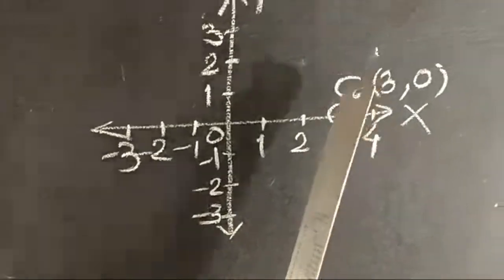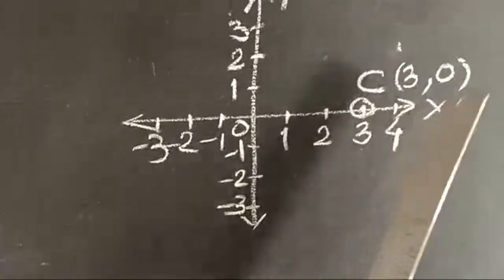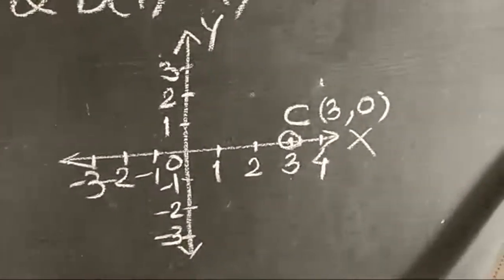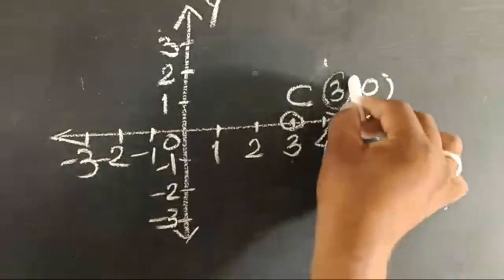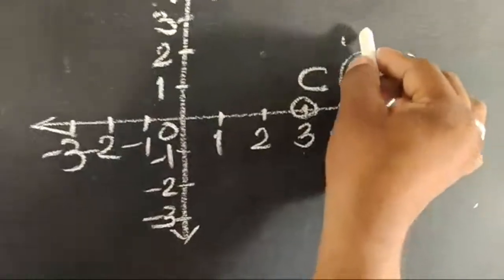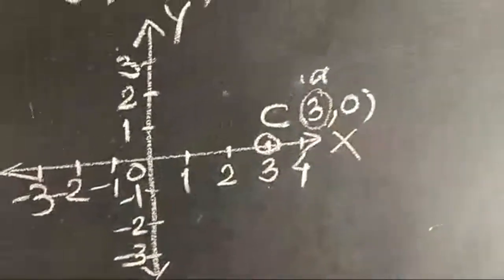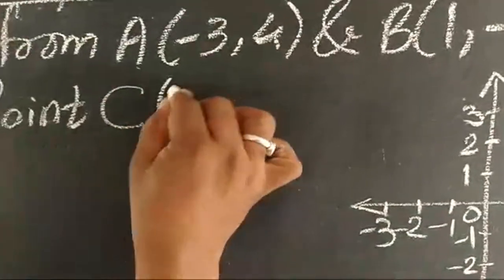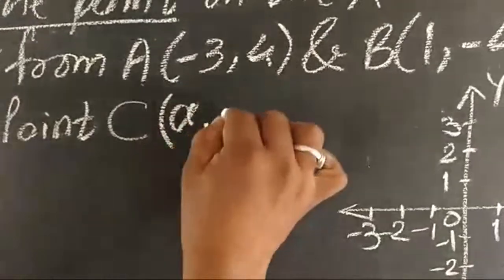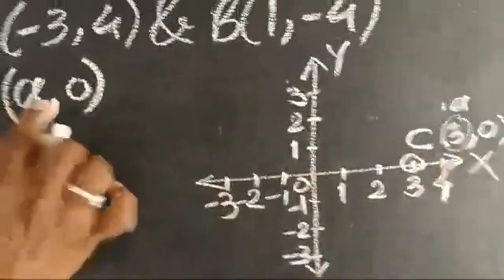But actually its place we don't know, at 3 or 4, 5 or 7 or 8. Therefore the number is changing, that number we consider a. Means the coordinate of point C is a, 0.